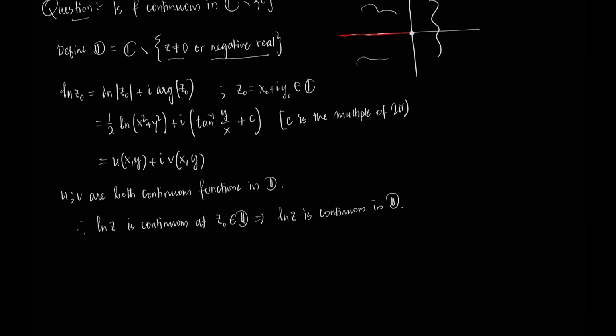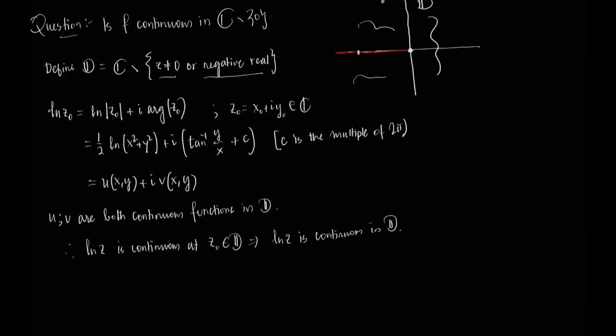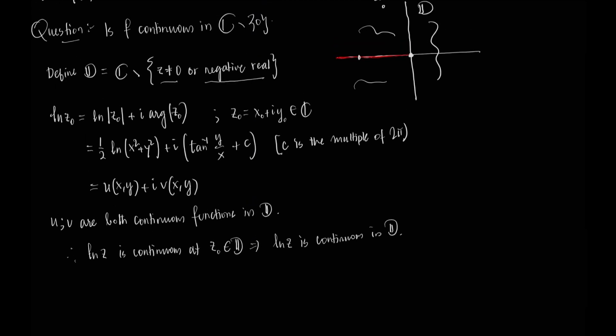Now what happens at a point here? Let's say I take a negative real, so I am taking x less than or equal to 0 and y equal to 0.